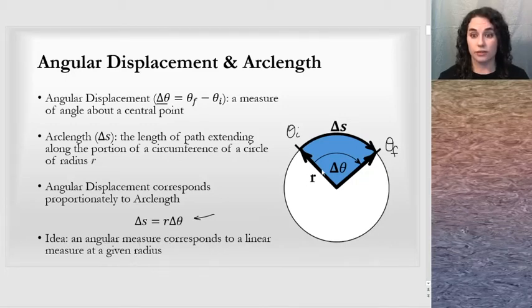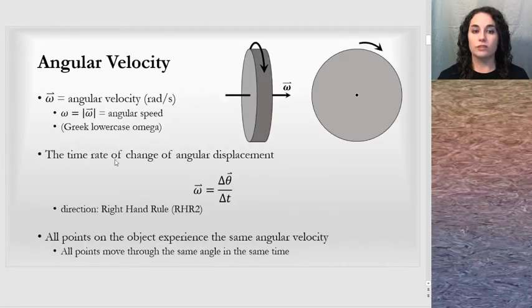We will continue this relationship as we move forward in that an angular measure corresponds to a linear measure at a given radius. In similar logic to linear velocity, now that we've defined angular displacement, we can define angular velocity, which is the time rate of change of angular displacement. How many angles were traversed through in a certain amount of time. I'm going to note that this representing symbol is the Greek lowercase omega, which represents angular velocity.